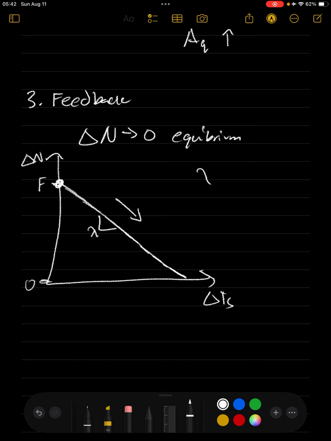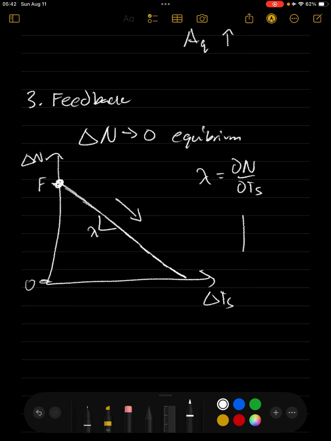So what does this mean? As we were saying before, the change of N is equal to the forcing plus lambda times delta T. So as the system tries to stabilize itself, the Earth can regulate itself by changing the surface temperature up or down in order to go back to a state of equilibrium.